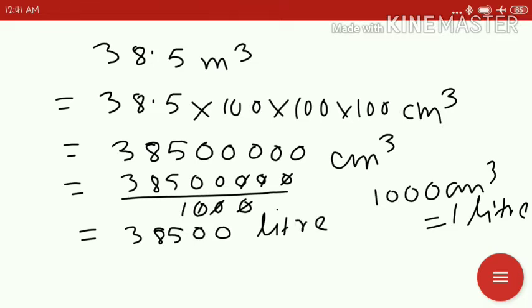Here in the question it has been asked to convert it into kiloliter. So kiloliter means again you have to divide it by 1000, and if you divide by 1000 it will give 38.5 kiloliters.